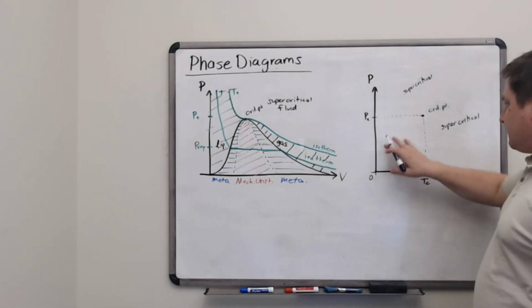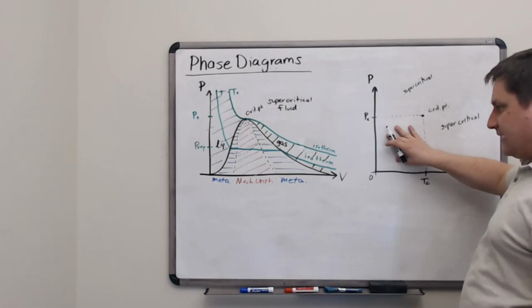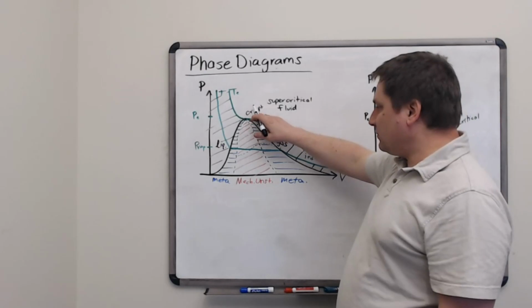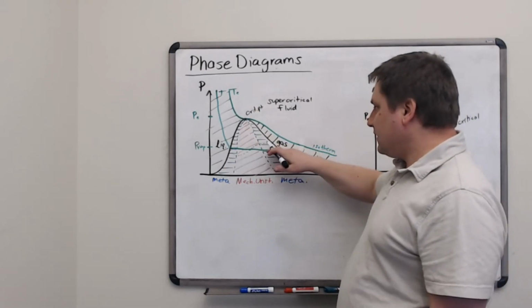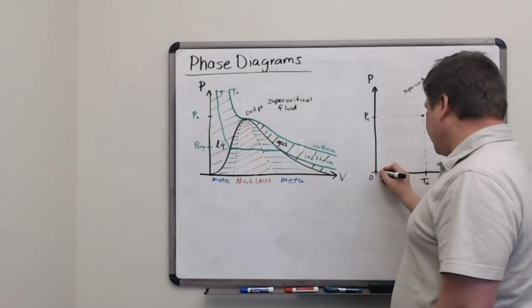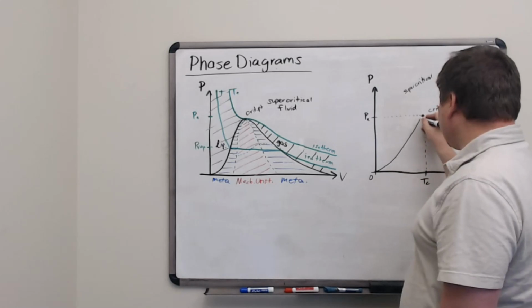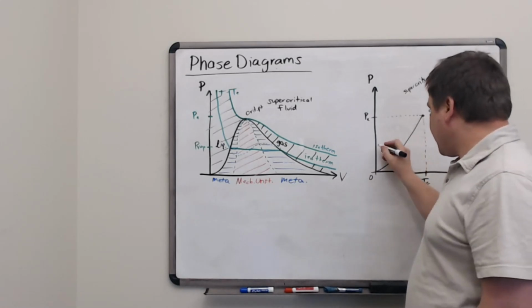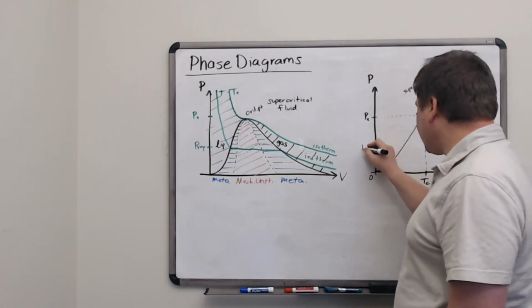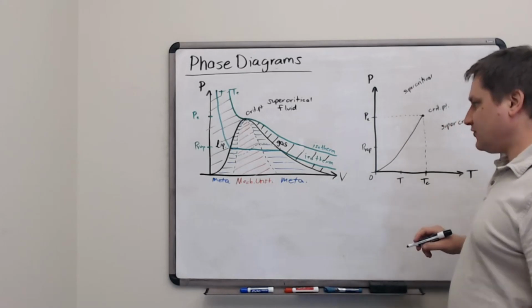So what happens in between this region here where the phase transition actually exists? Well, TC is a critical temperature, and as we go to lower temperatures, then we see the vapor pressure going lower along with it. So there's some sort of line here, a relationship between the vapor pressure at a given temperature.